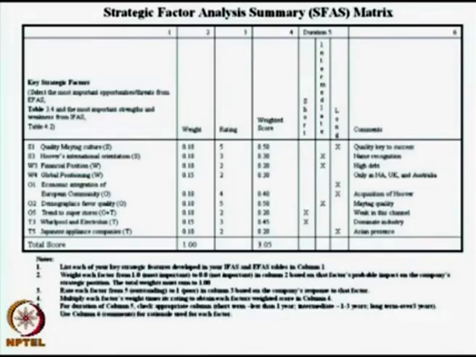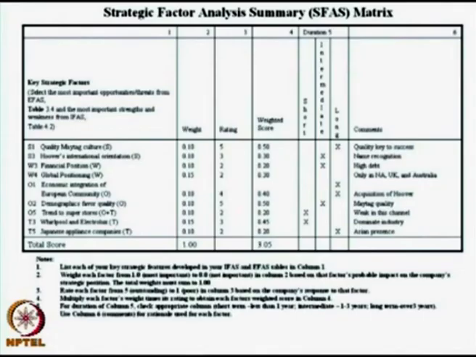So, how do you go about this? Key strategic factors. Just look at this: select the most important opportunities and threats from the EFAS table 3.4, the one which was given earlier, and the most important strengths and weaknesses from the IFAS, that is the internal factor analysis summary.